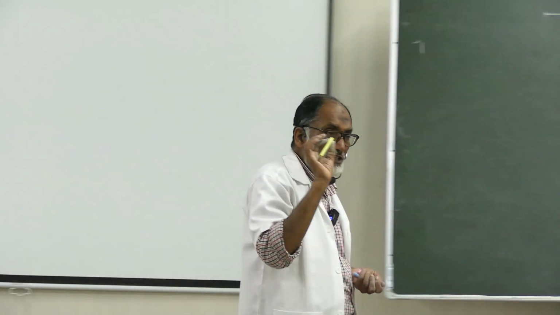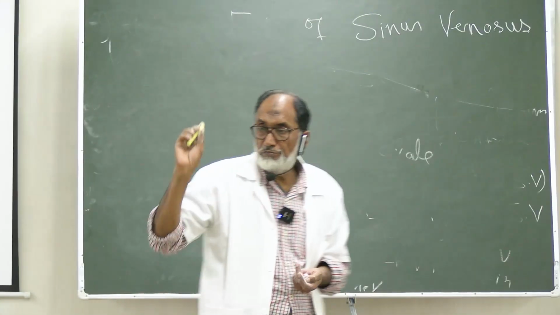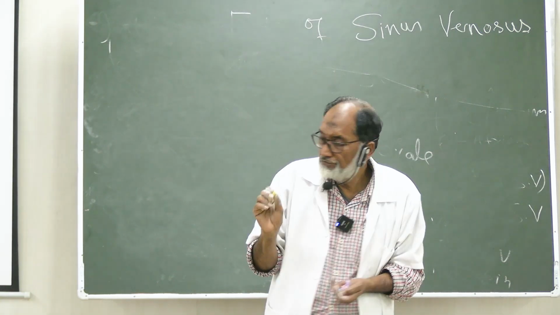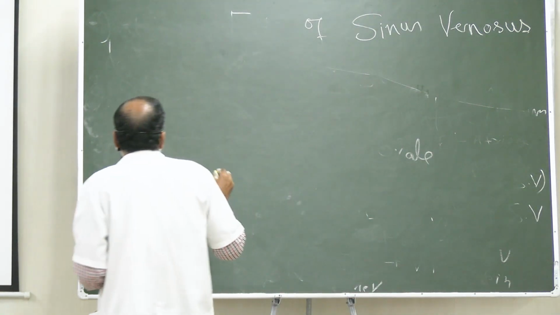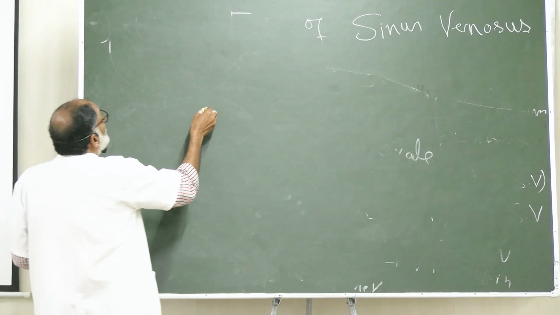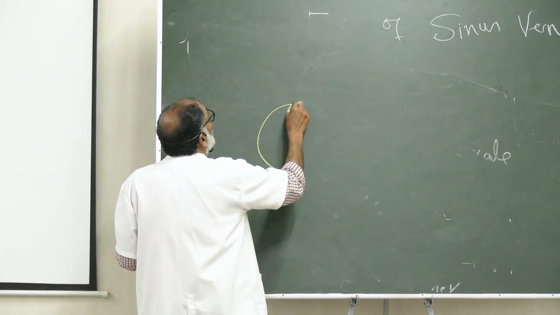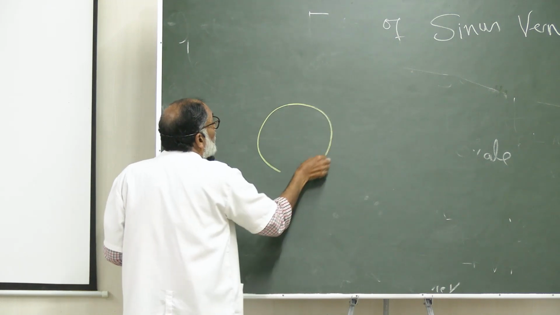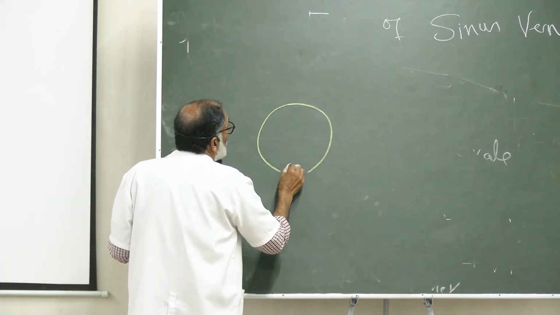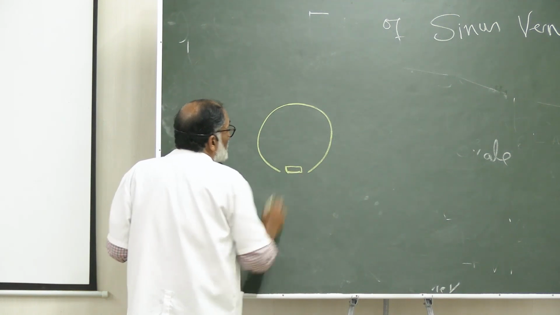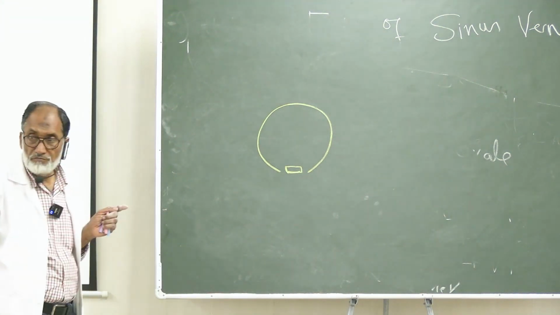Number 1, there is a cavity that is the primitive right atrium. This is the primitive right atrium. Here is the septum intermedium.